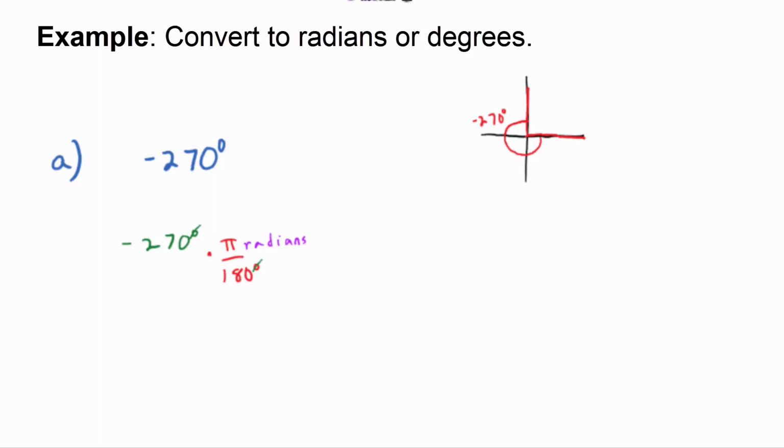This is called unit analysis, by the way. It's really helpful in chemistry and physics to realize that units multiply and divide just like numbers do, and they cancel just like numbers do. You can figure out what units you should be in, even if you're not sure, if you know about this unit analysis.